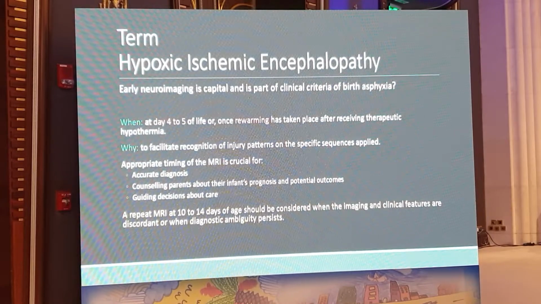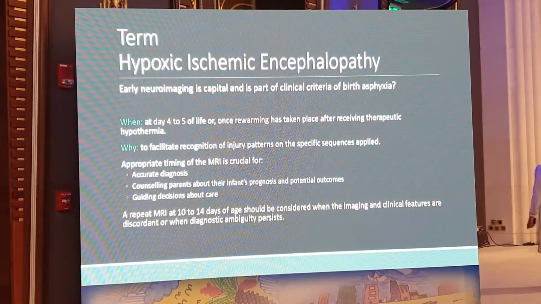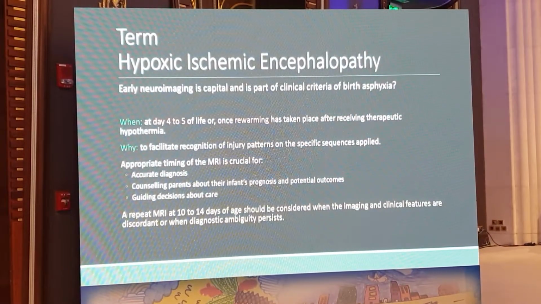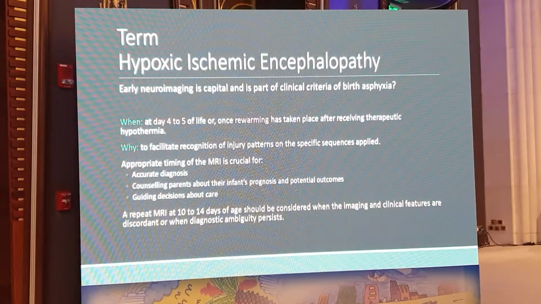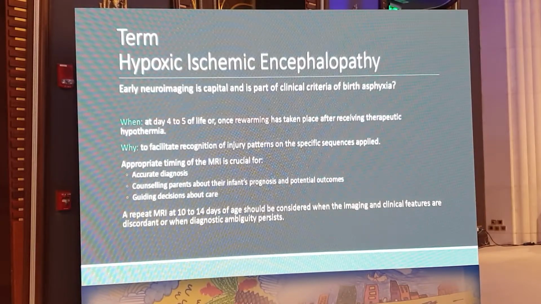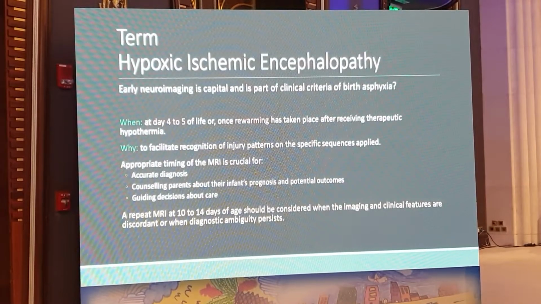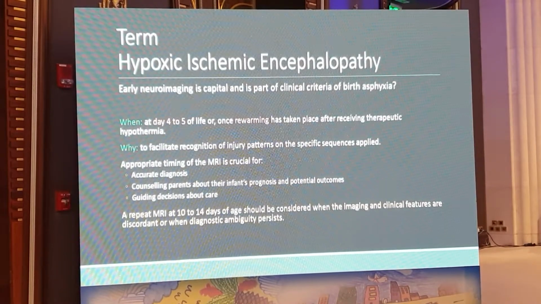That facilitates better recognition of the changes of the hypoxic ischemic insult, and of course gives good counseling to the parents about the infant's prognosis and the potential outcome, and guides decisions about care.